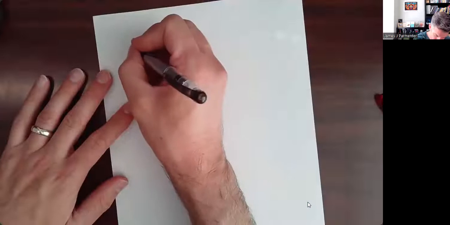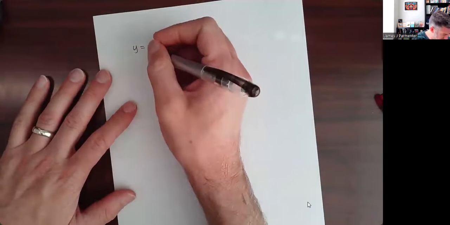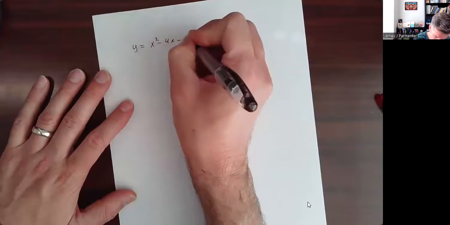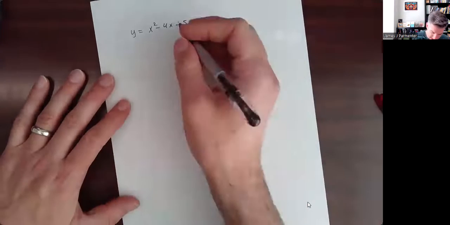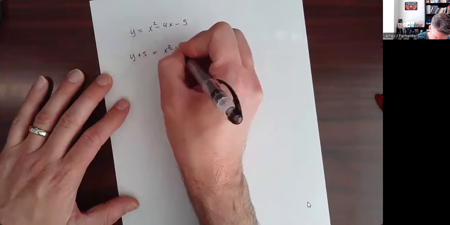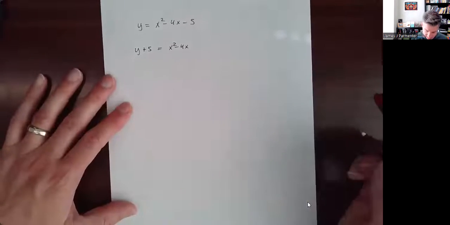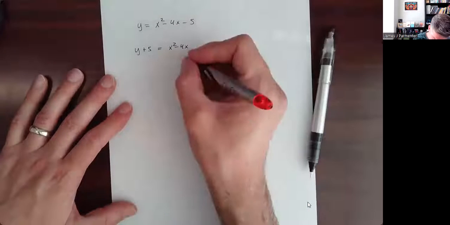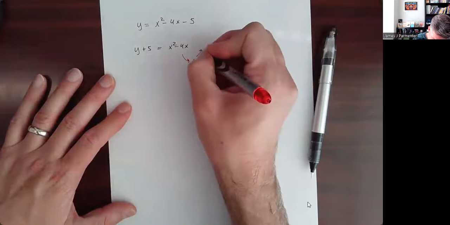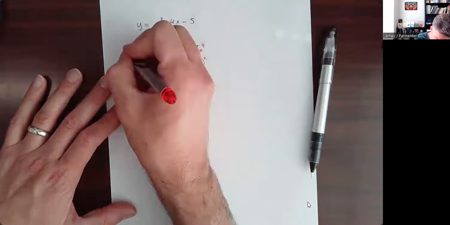If you have y equal to x squared minus 4x minus 5, people like to add the 5 over here. So I've got x squared minus 4x. I'm going to add 4 to both sides. Completing the square here gives me negative 4 over 2 quantity squared. So I'm adding 4, but if I add 4 on one side, I have to add 4 to the other side.